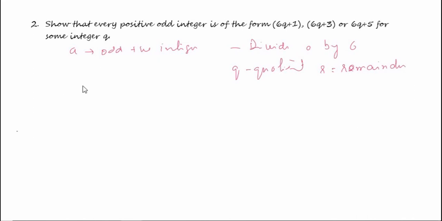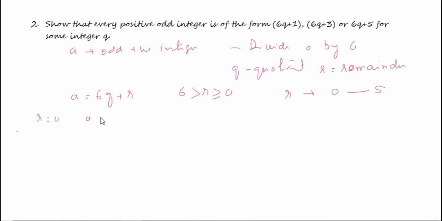Now represent this using Euclid's division lemma, that is a equal to 6q plus r, where r is greater than or equal to 0 and r is less than the divisor, that is 6. So r can take the value from 0 to 5. Now let us take r equal to 0 to start with.